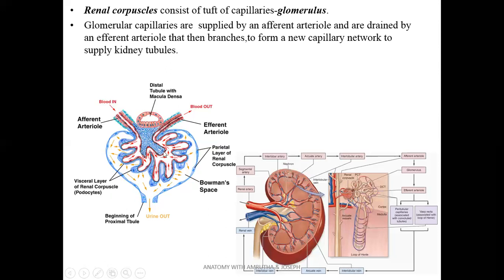Now, after forming the glomerulus, the arteriole comes out as efferent arterioles, and efferent arterioles again form another set of capillary network over the nephron. So there are afferent arteriole forming the glomerulus, and from the glomerulus efferent arterioles emerge out.